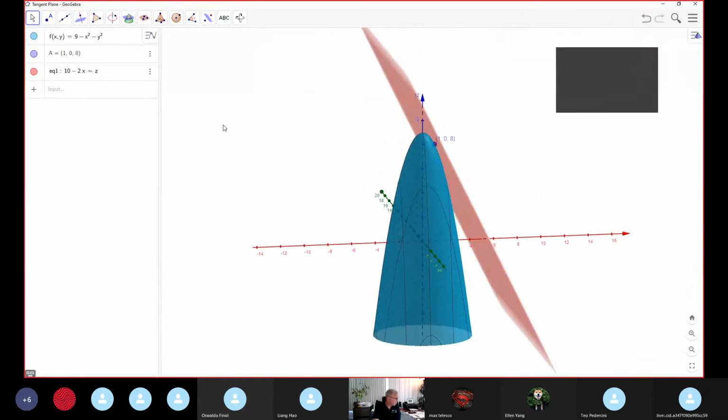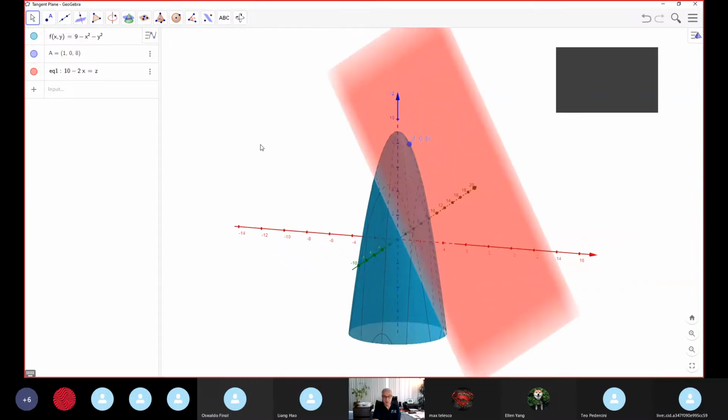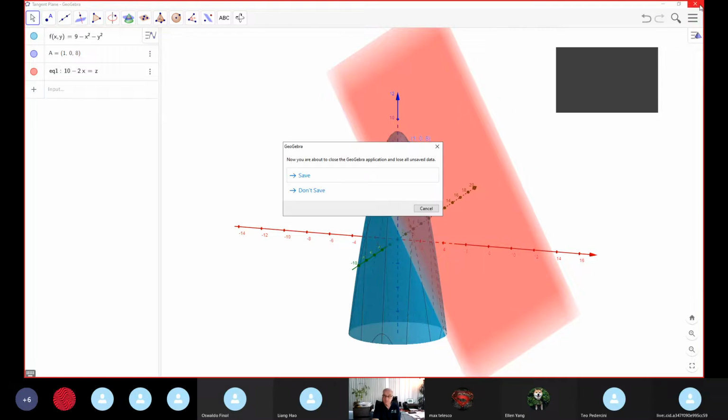When you are doing your homework and you are not sure if your answer is correct, you try to verify it in GeoGebra, okay? Okay, you try. Any question? Everyone saw that? Professor? Go ahead.